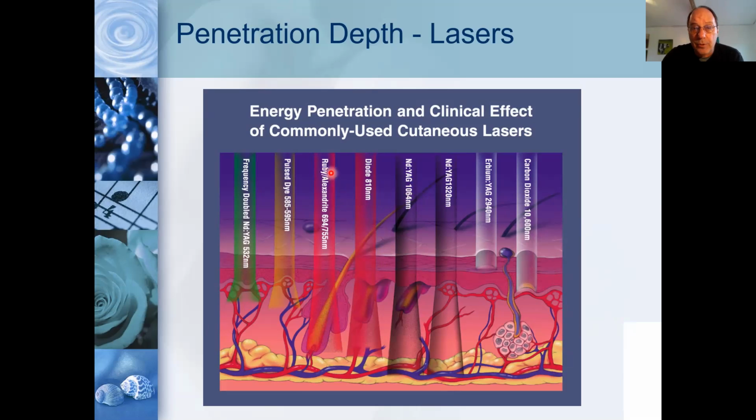Here's the ruby hair removal at 694 nanometers. You put that on the skin, it goes through the epidermis down to the dermis where that actively growing hair follicle resides. When it finds the melanin in that hair follicle, that melanin absorbs the light, converts it to heat, and burns up that hair follicle.